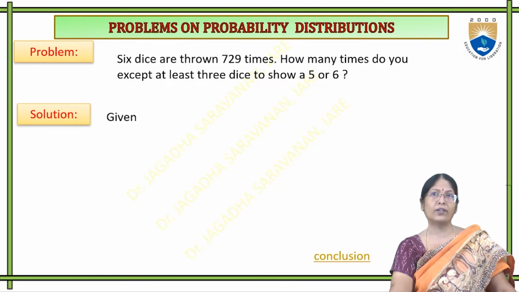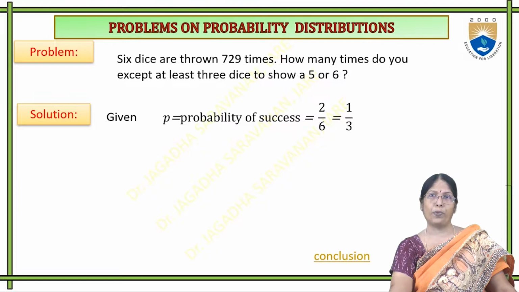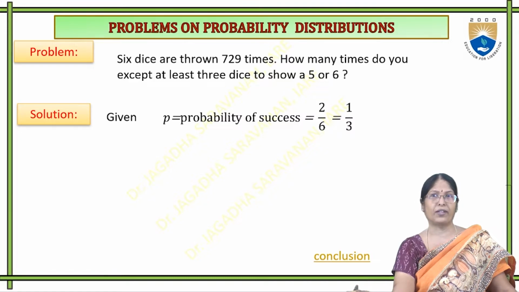Now what are the data given in the question? P is the probability of success. The condition given, satisfying the output, we take as the probability of success.